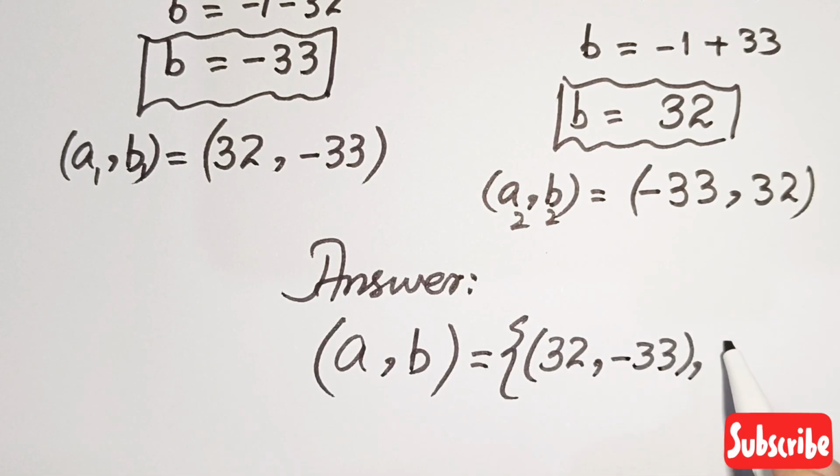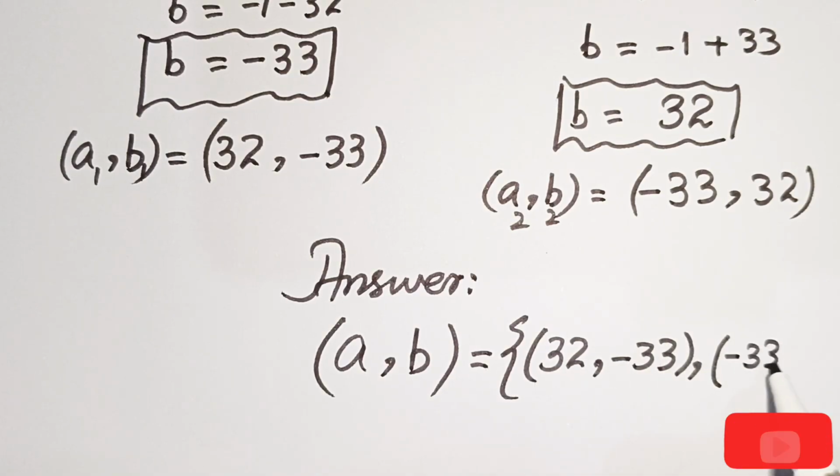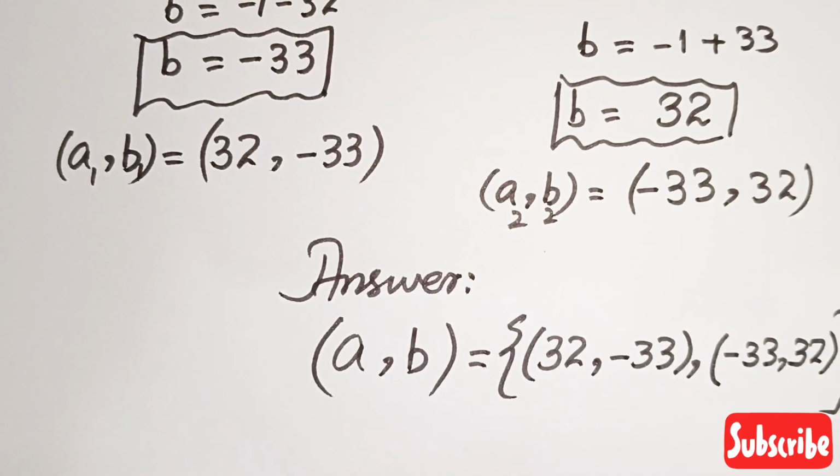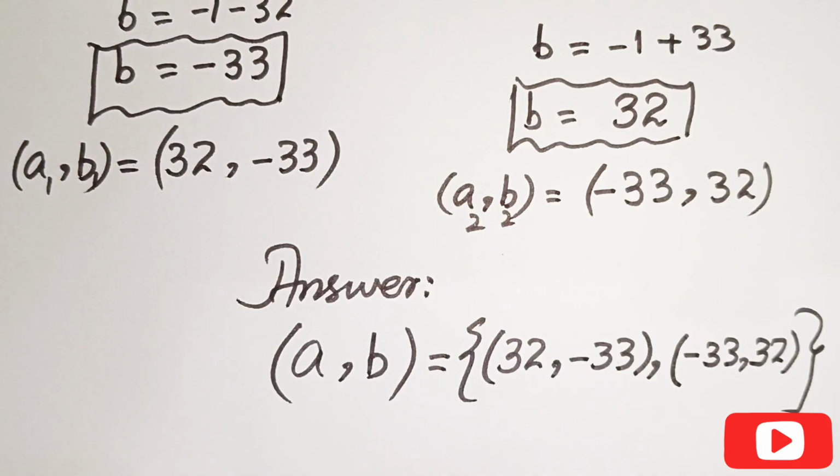It is the first pair. The value of a2 is minus 33 and b2 is 32. So it is our final answer that we have found by solving this problem.